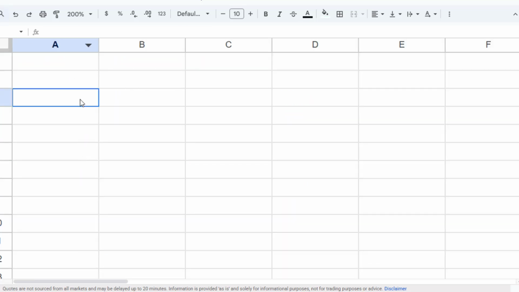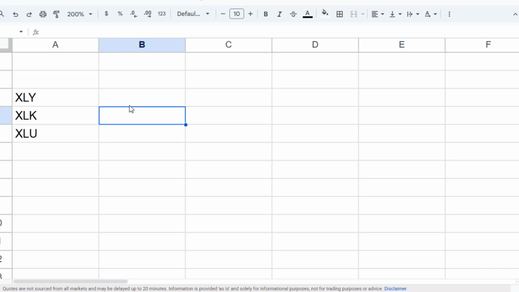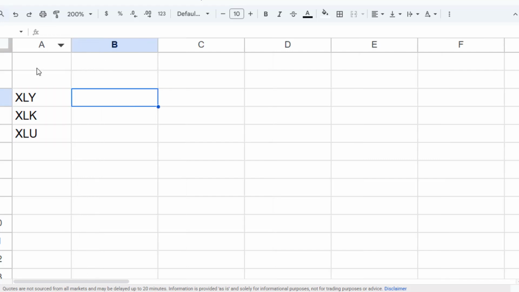Let's create a new one, and we are looking, for example, at the XLK, just a few sectors. So we found the tickers for them. We put them here, call it tickers.